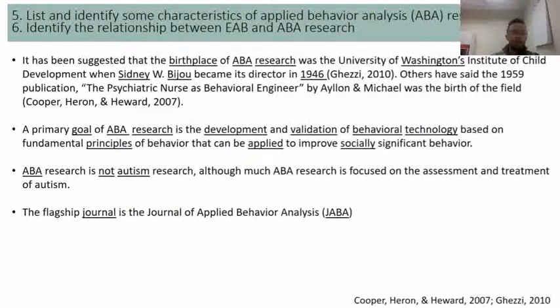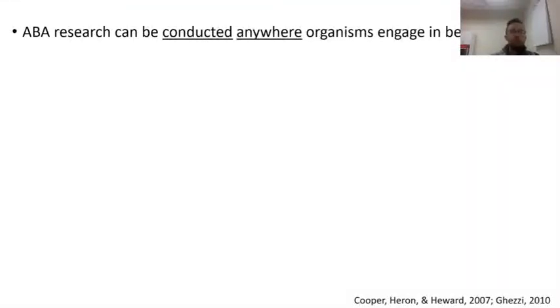This is the primary journal in the field. ABA research can be conducted anywhere organisms engage in behavior. It can be at school, in the lunchroom, in the parking lot, at an intersection, in a hospital, in a prison, a dentist's office, your own home, you name it.